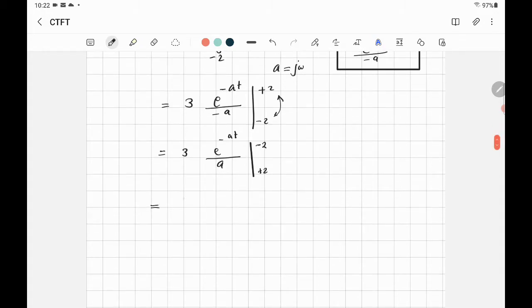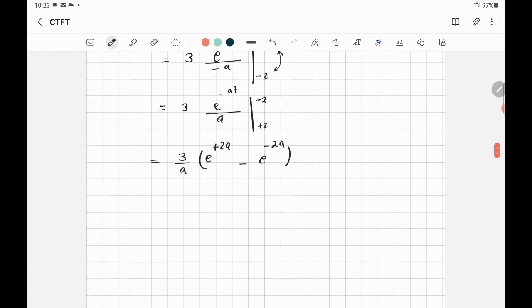Now start substituting. You have 3 over a, and e to the power of -a times -2, which is -2 times -a, will be +2a, minus e to the power of -2a. So that's the answer. But now we know our a is equal to j omega.